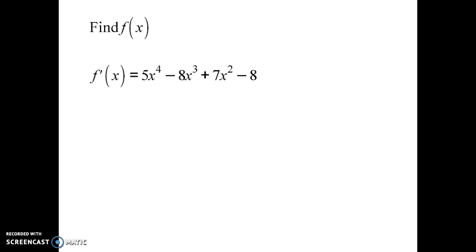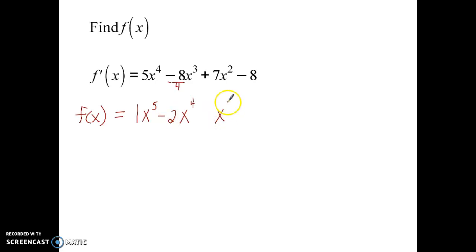Okay, my next example, same thing. So if I'm going backwards to look for f of x, I'm going to start with my first term. Its new exponent should be a 5. Then I would take my coefficient of 5 divided by that new exponent of 5, and that would just be a 1. Second term, my new exponent's 4. Then I'm going to take this negative 8 divided by that 4, which is negative 2.